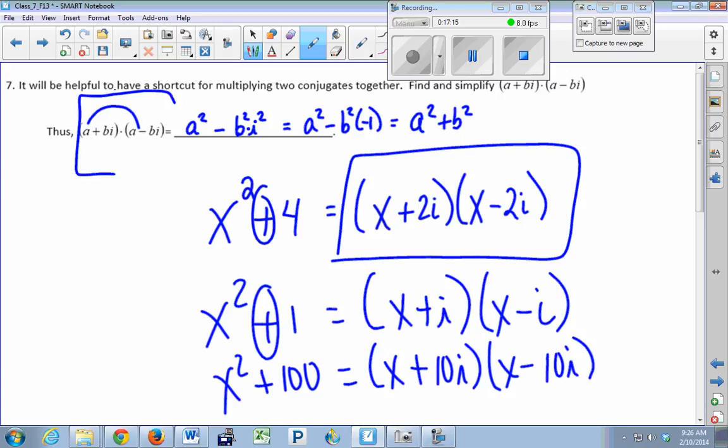So these two complex numbers that are conjugates of each other represent the factorization of the sum of perfect squares. Okay, so you now have something else you can do that's more powerful because we have complex numbers.